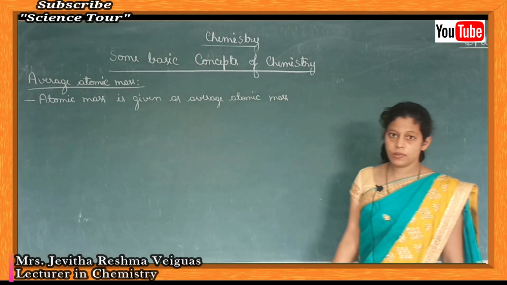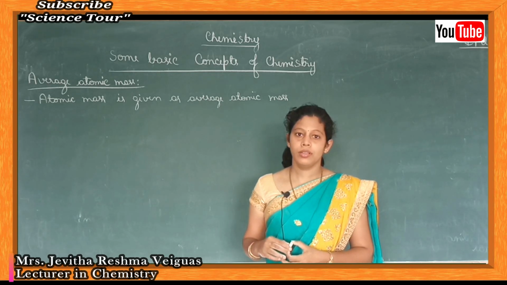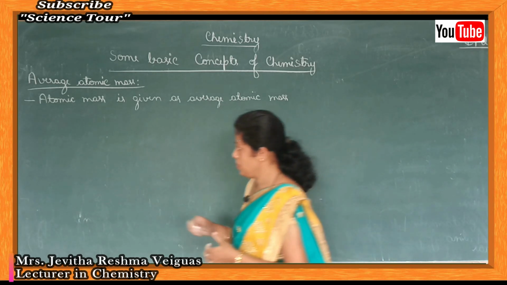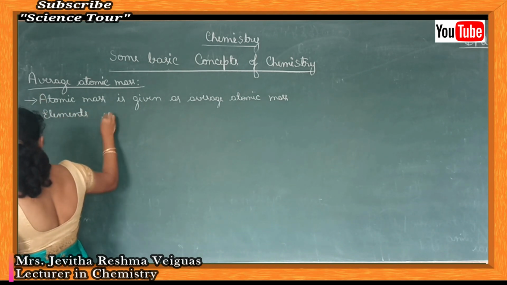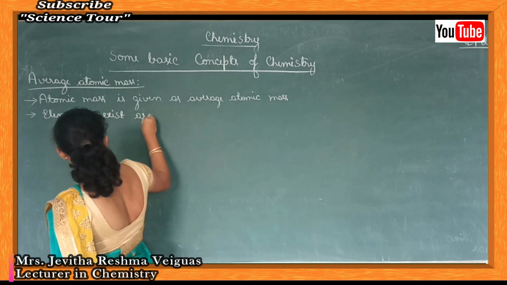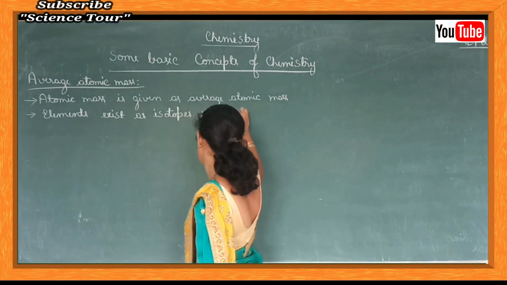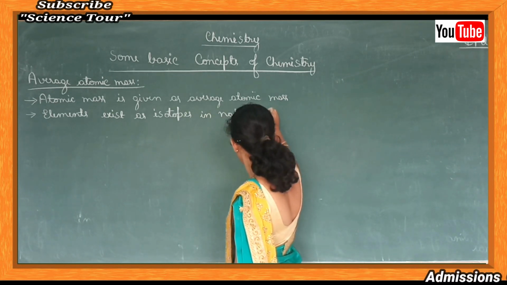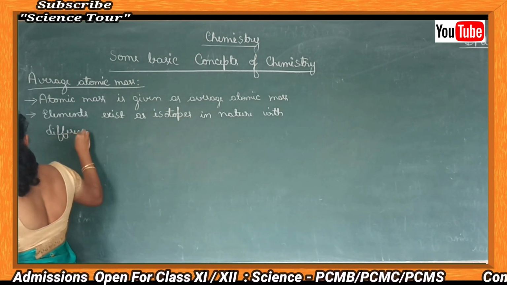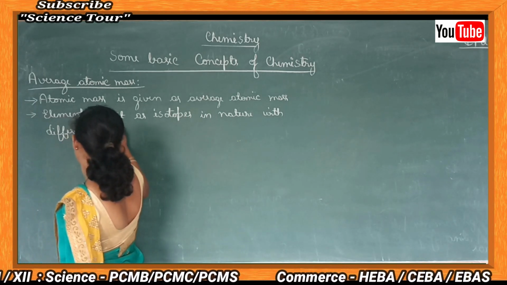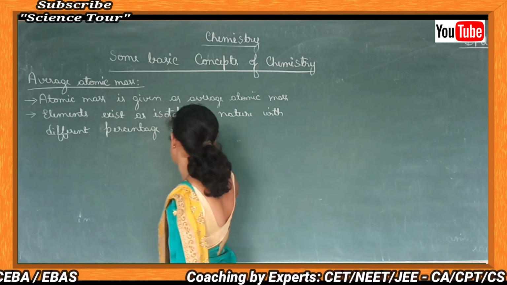The reason behind this is elements exist as isotopes in nature with different percentage relative abundance.